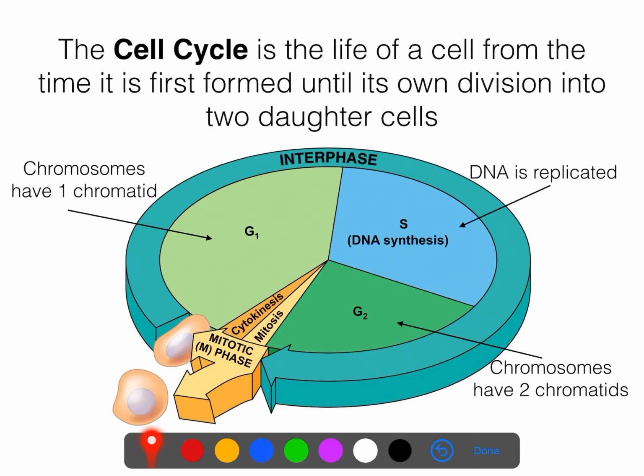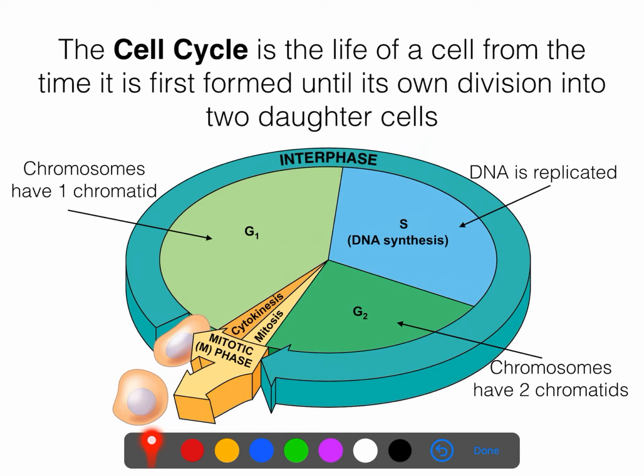The two main divisions are what are called interphase and mitotic phase, or M phase. The mitotic phase, or mitosis, is where the cell is actively turning into two cells.